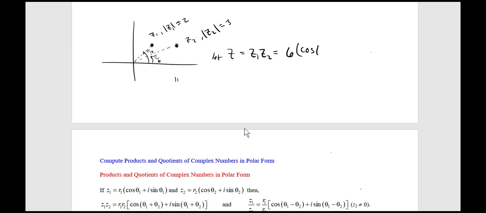Pi fourths plus pi sixths, that's 3 pi twelfths plus 2 pi twelfths, or 5 pi 12ths. So that's fine, but what does this mean? It means when we multiply these two numbers together, the result is the distance one is angularly from the real axis, plus the distance the other one is angularly. You add the two angles.